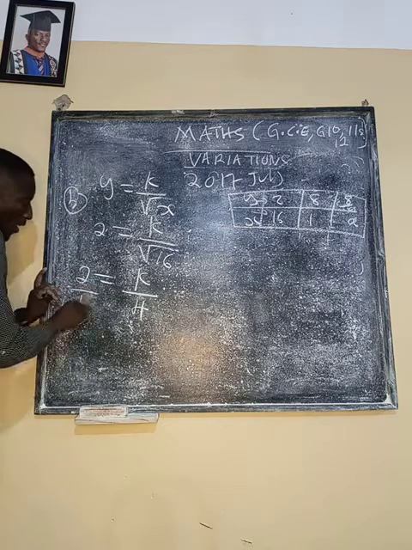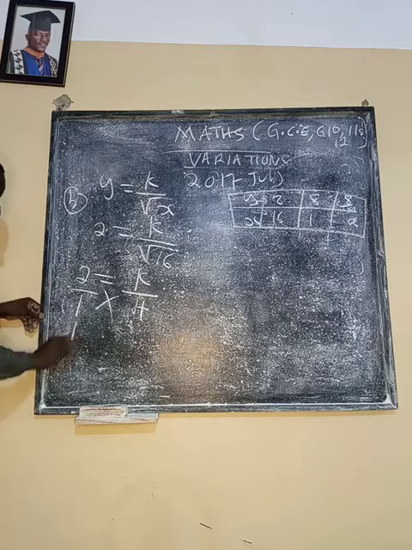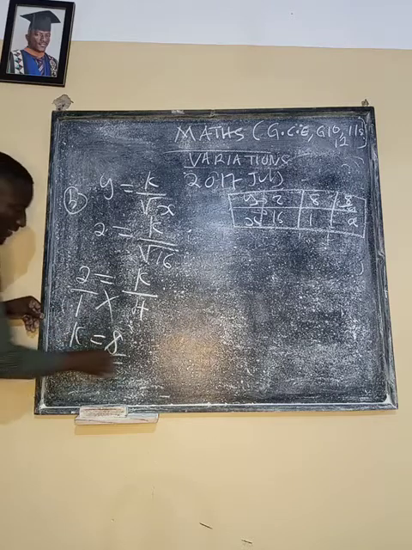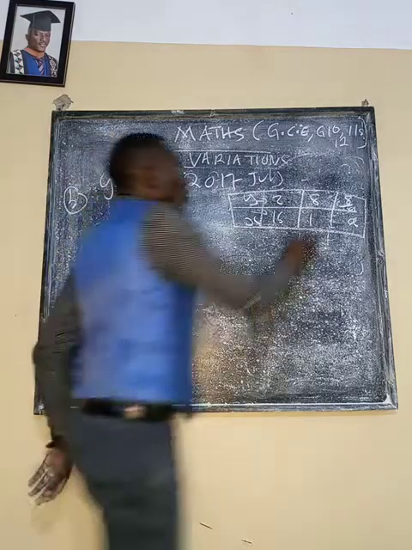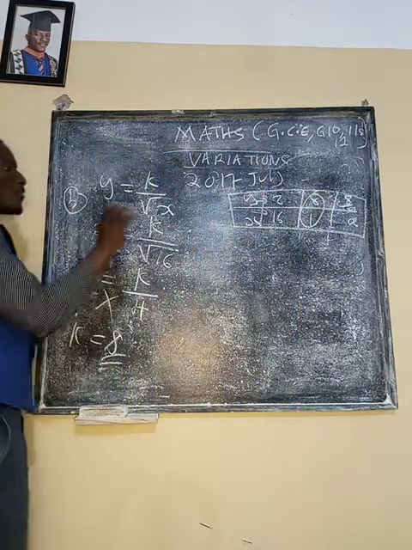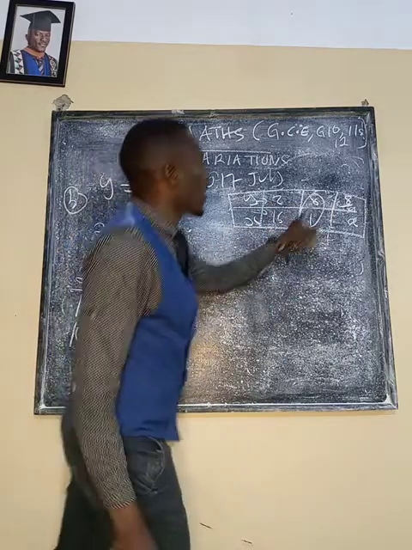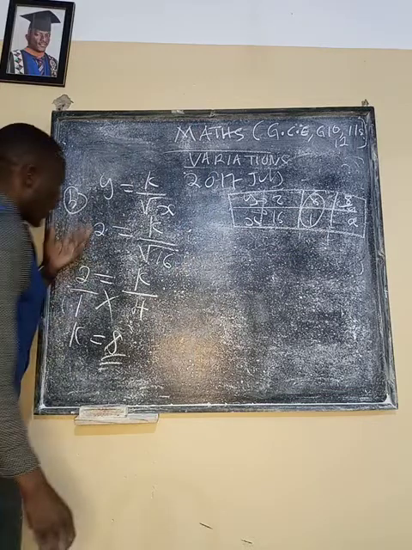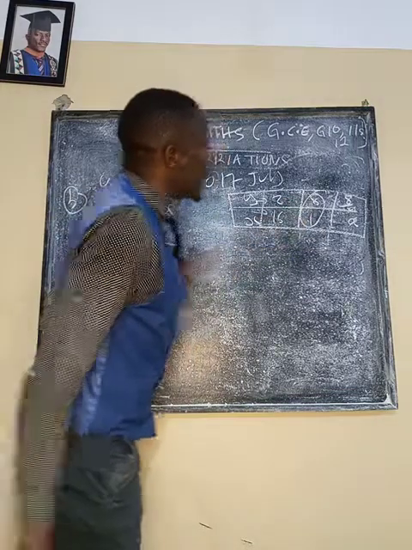So you do the cross multiplication. This times this, our k will be 8. Where did 8 come from? 2 times 4. You can pick any two numbers that are appearing, provided they are matching; this goes with that. You can't pick 2 and 1 or 8 and 16. If we don't want 2 and 16, we'll pick 8 and 1.